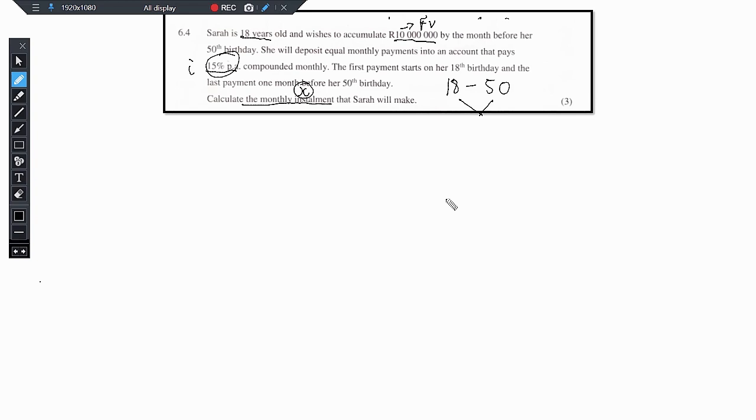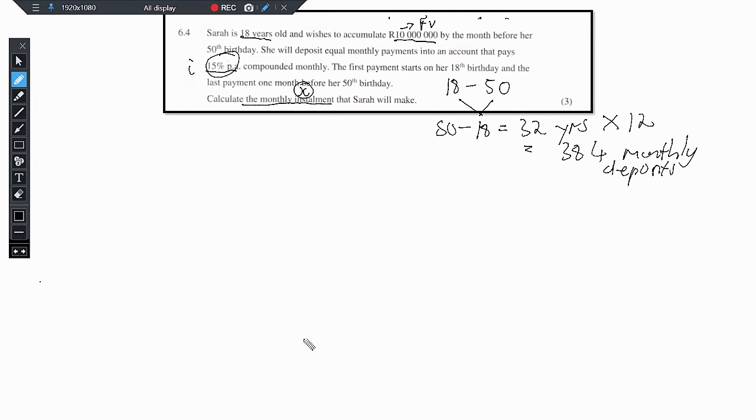So we say 50 minus 18, and we get 32 years. Now, how many months are in 32 years? We just multiply that by 12. We now understand that there are 384 monthly deposits that will be made, if she doesn't skip any deposits.